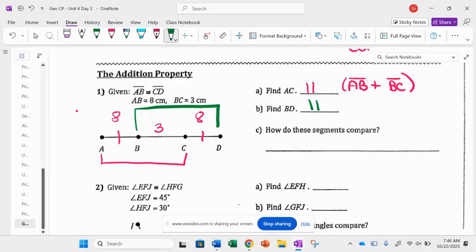What did we add to get BD? CD with what? With AB? No. With BC. So to get BD, we added BC plus CD, or CD plus BC.